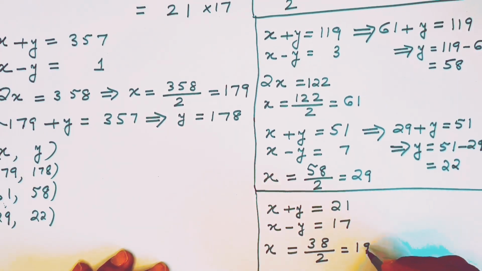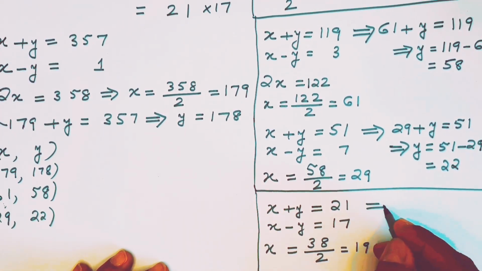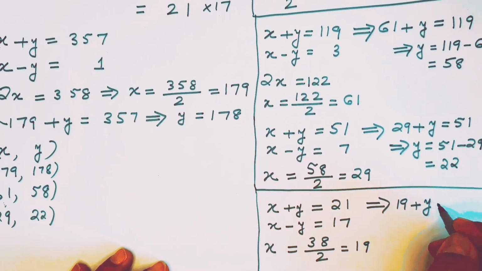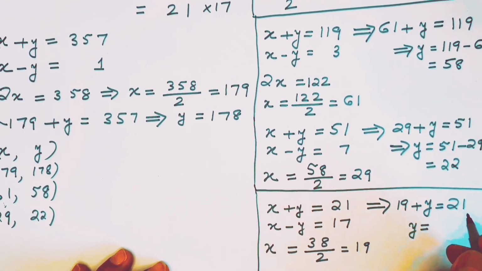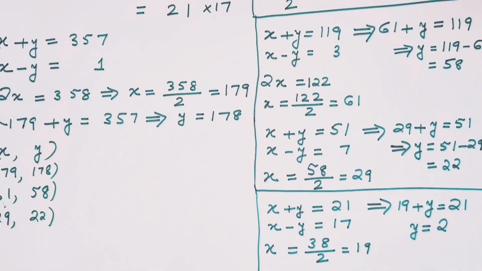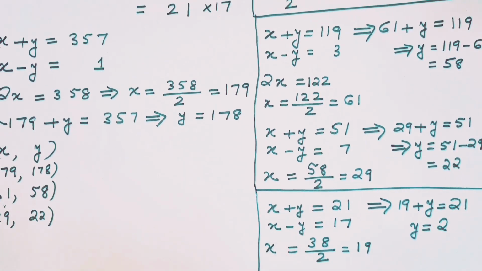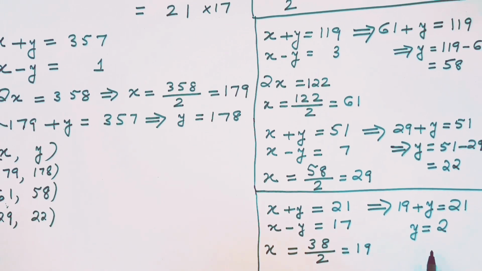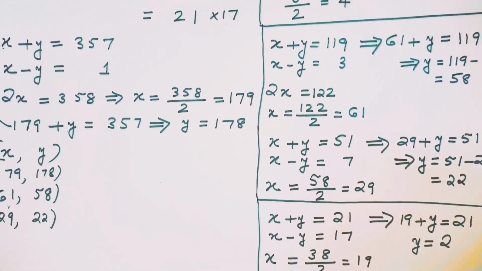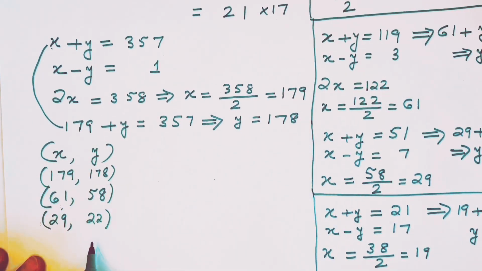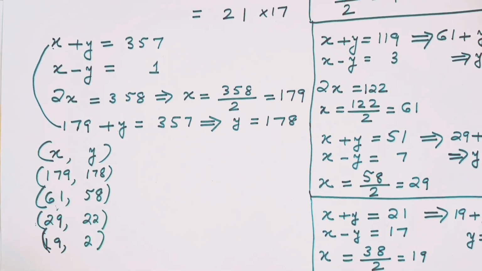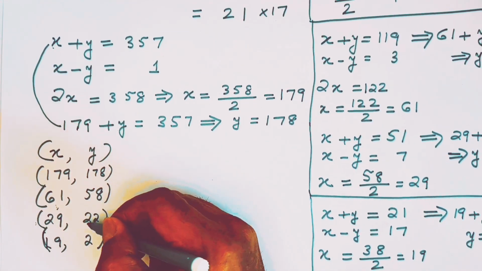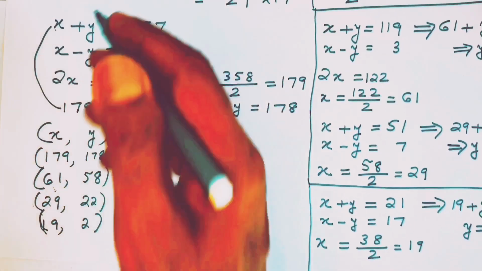And substituting x equal to 19 here, 19 plus y equal to 21. So y is equal to 21 minus 19, which is 2. So we got the last pair of values of x and y. Let me write that in the pairs I have mentioned here: x equal to 19 and y equal to 2. So these are the four pairs of solutions for x and y.